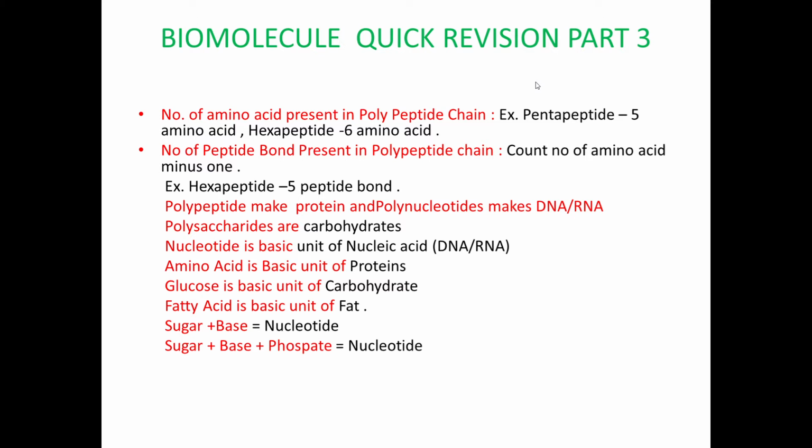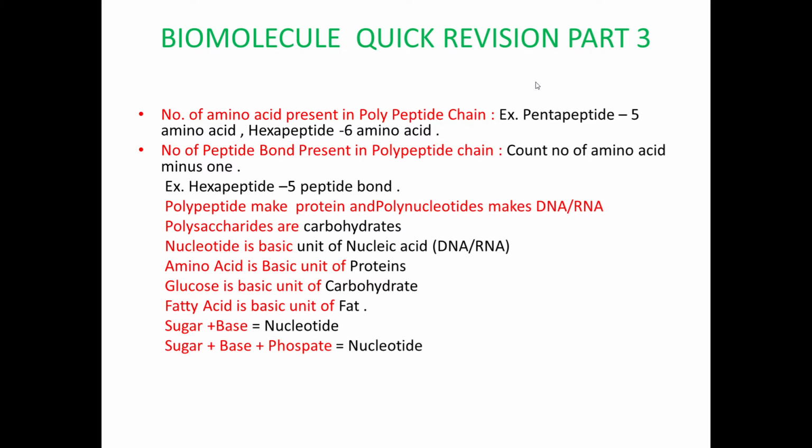So try to know the number of amino acids present in polypeptide chains. Try to remember what is polypeptide, what is polynucleotide, what is polysaccharide. Try to differentiate: polypeptide makes a protein, polynucleotide makes DNA or RNA, and polysaccharides are carbohydrates. So, number of amino acids present in a polypeptide chain.